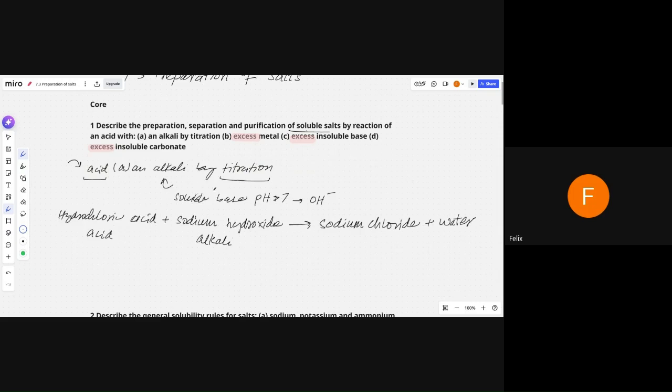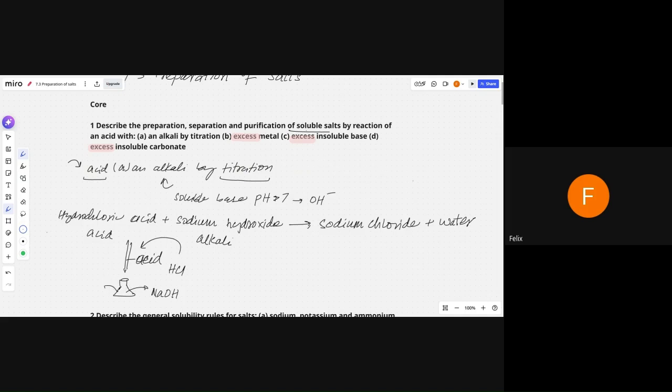So how do we carry out this reaction? We use a burette in which we put the acid, and we use a conical flask where we put our alkali, right? HCl, hydrochloric acid, will go into the burette, and sodium hydroxide, which is an alkali, will be in the conical flask.